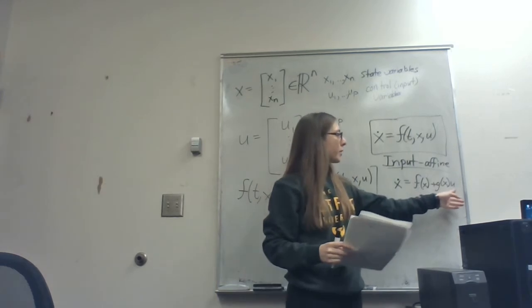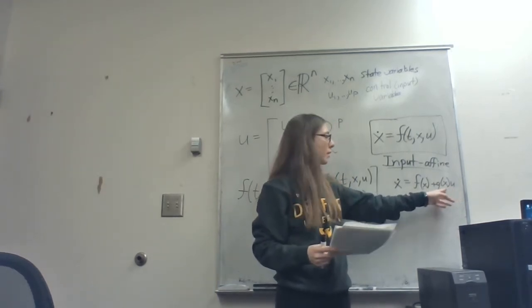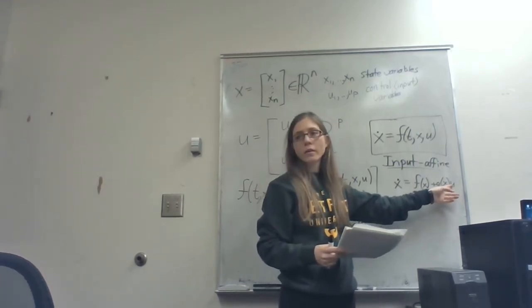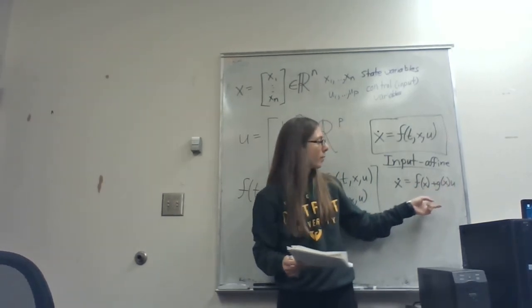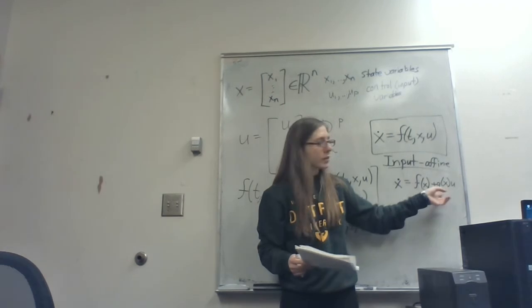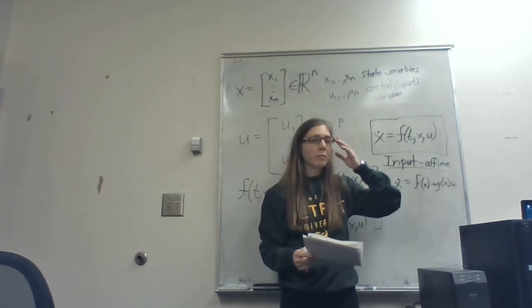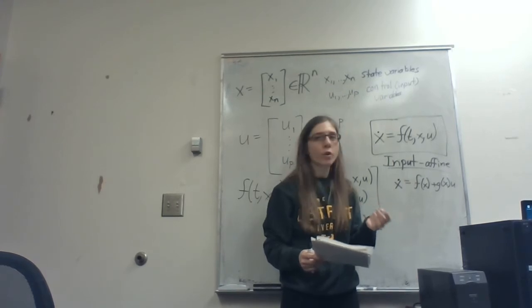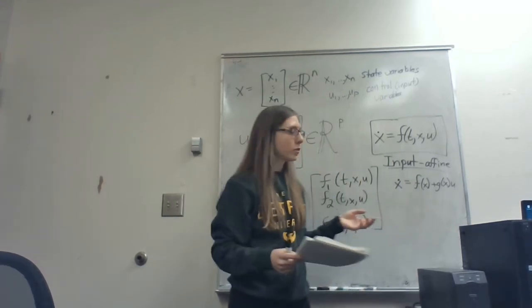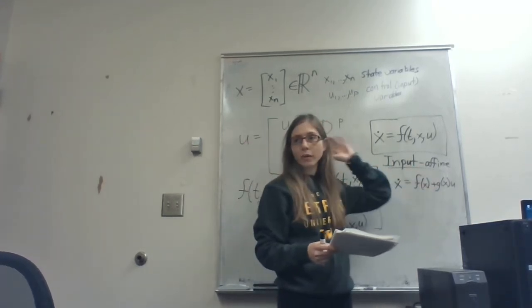So the input appears linearly, meaning the input isn't squared, it's not sine of the input, etc. This is very common to see in chemical engineering, because a lot of times we'll have something like such and such times the flow rate, and the flow rate's variable, or such and such times the heat input, and the heat input's variable.